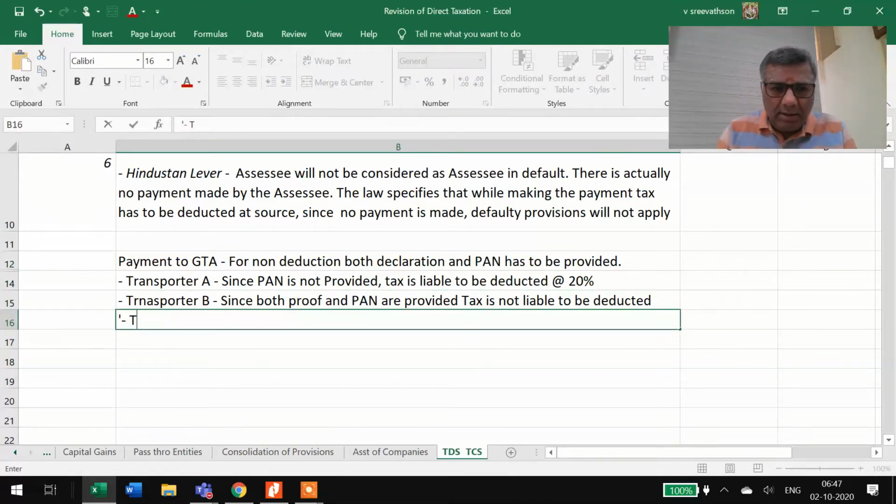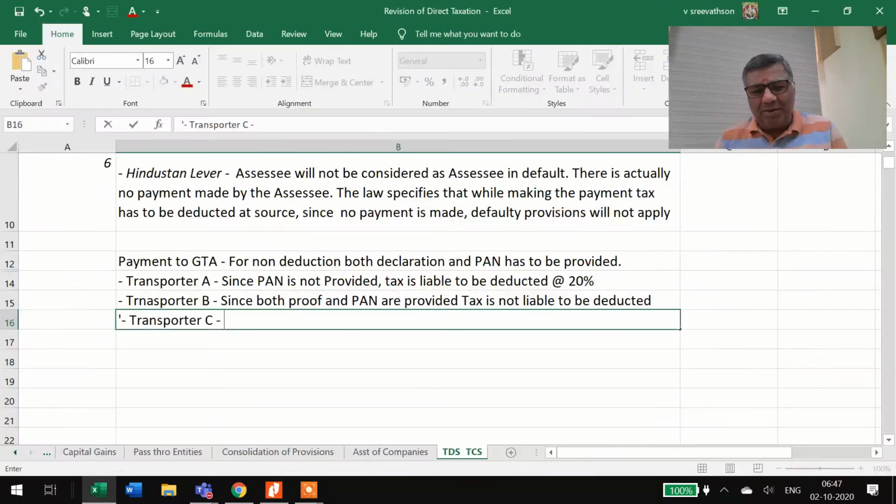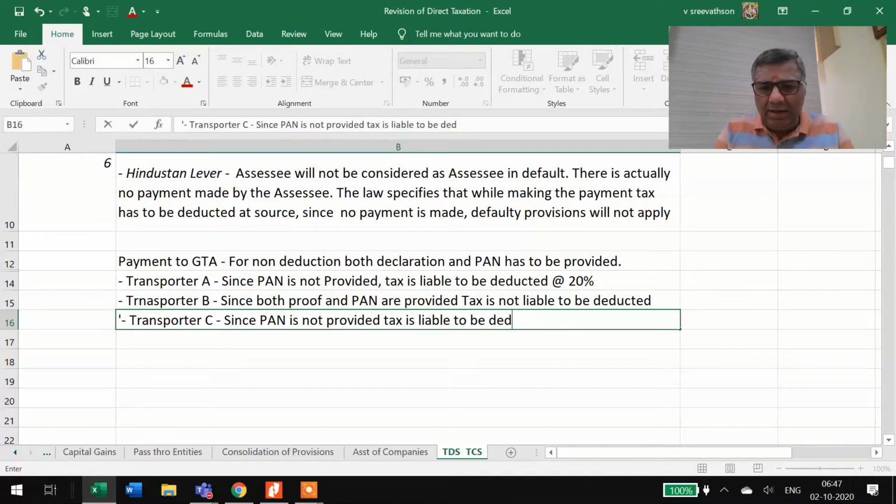Okay, transporter C has more than 10 vehicles, so he neither provides proof nor PAN. Okay, since PAN is not provided, and other bigger error than the declaration, tax is liable to be deducted at 20%.